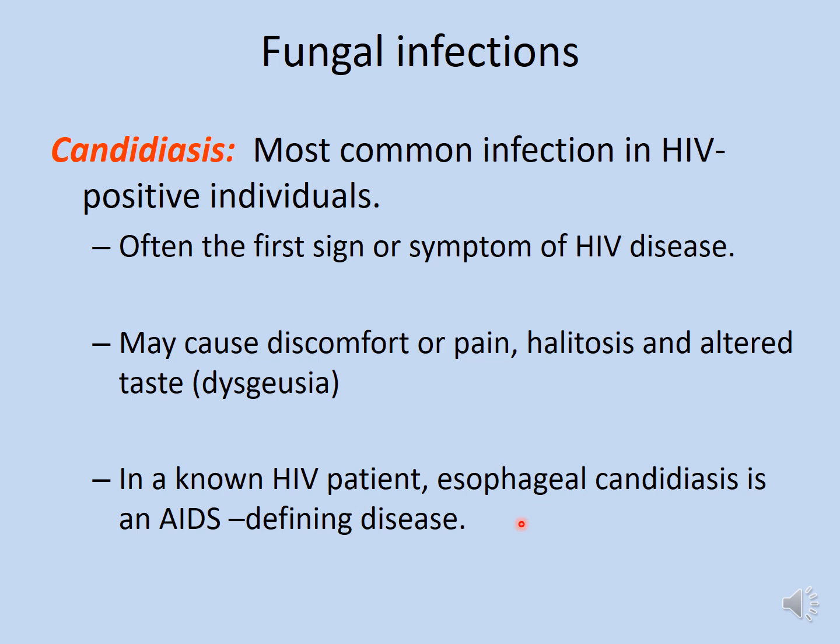And as a dental surgeon, our role is first of all identifying cases that are undiagnosed, by identifying the strongly associated lesions like candidiasis, oral hairy leukoplakia, non-Hodgkin's lymphoma, Kaposi sarcoma, and the periodontal diseases that we had mentioned, so that we can bring in early intervention. And where there is an already diagnosed patient who is on therapy and needs dental care, obviously we are qualified and trained to manage these patients in our dental office.